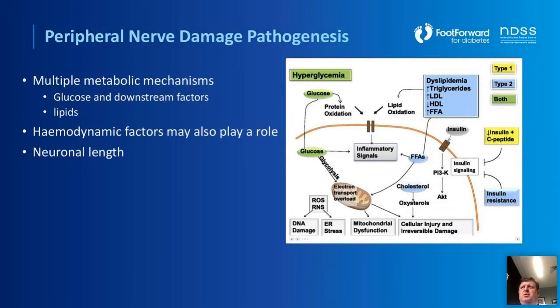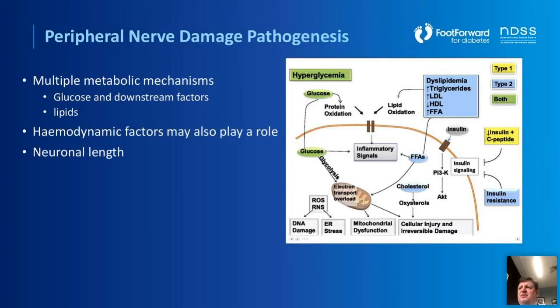In addition, it's well recognised that abnormal lipids very likely contribute to the peripheral neuropathy, particularly in people with type 2 diabetes, but even in type 1 diabetes. The high triglycerides and also a moiety known as diacylglycerols, DAGs, linking in also with free fatty acids, can cause damage.